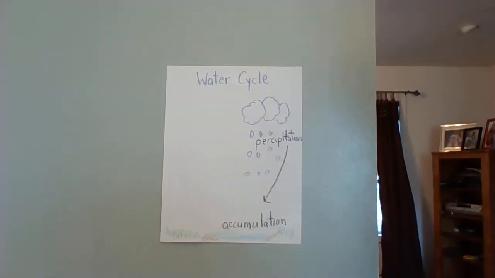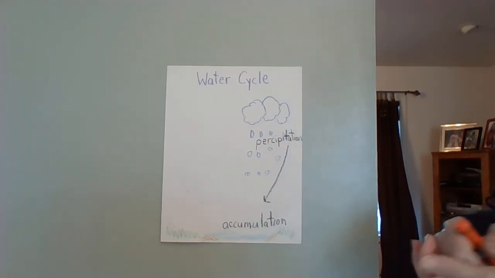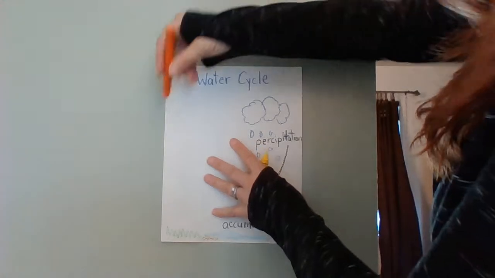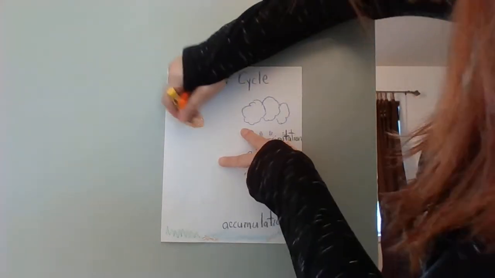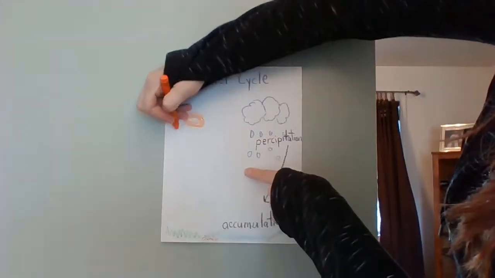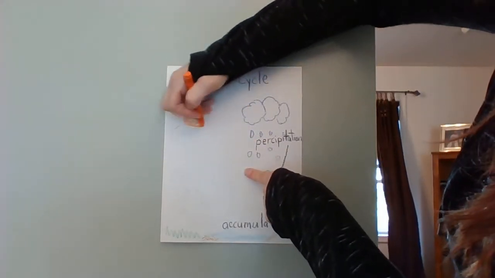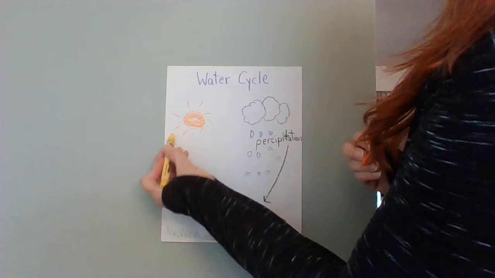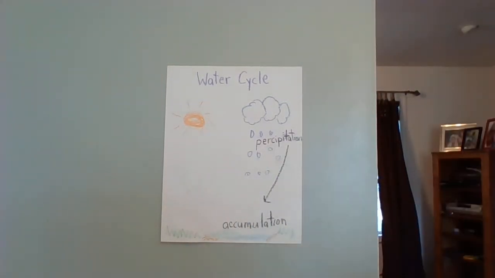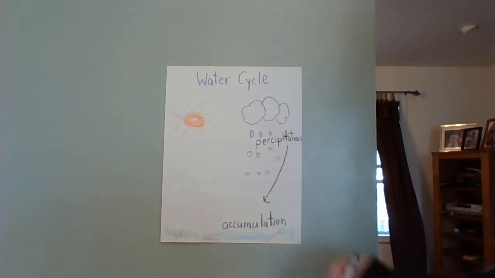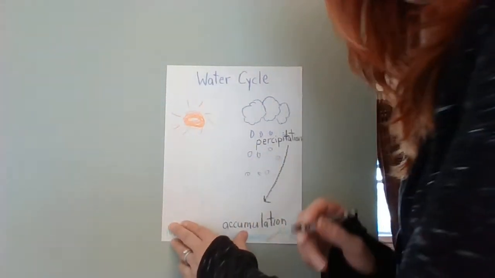And I'm also going to get an orange and a yellow because I like my sun to be orange and yellow. And I need my sun because it's heating up the water for evaporation. And then I am going to write evaporation.